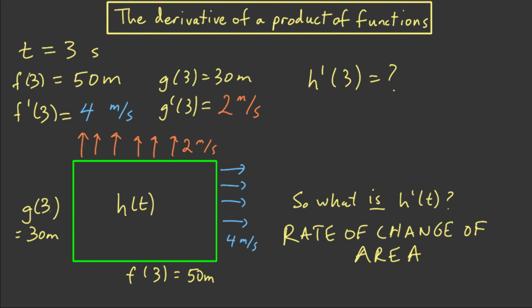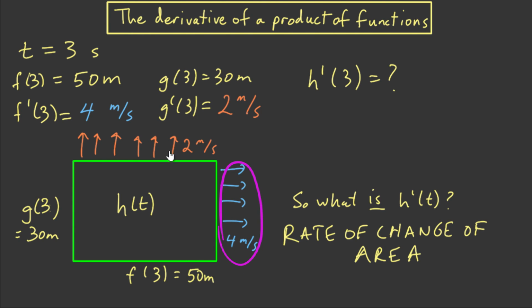So we can look at our picture of this rectangle and kind of figure out how is the area changing, or how fast is the area changing. Well, we've got this region on the right. We know this right edge is moving outwards, and so we're gaining area over here.